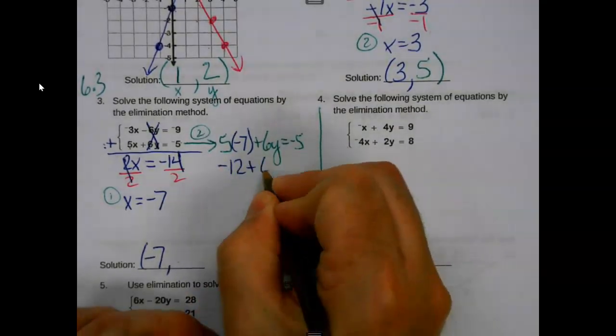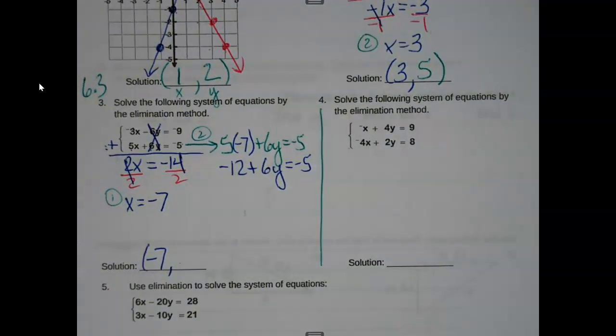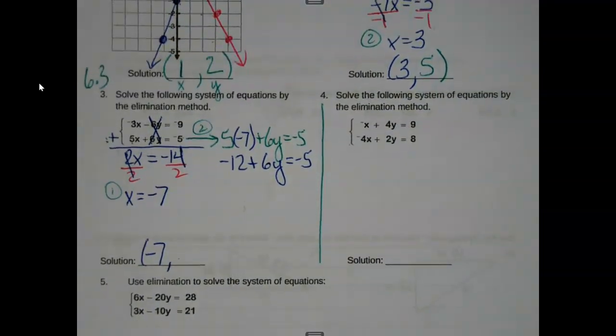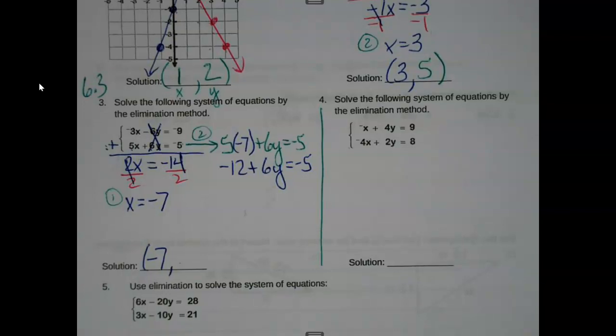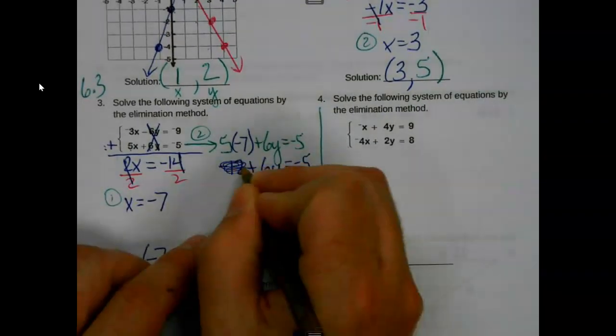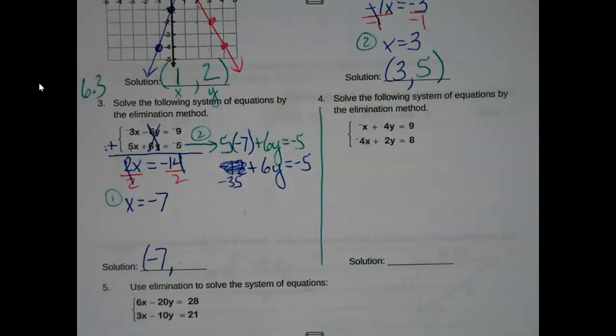And so we're just going to work through here. Ooh. I know, I'm looking at this myself and going, what the? We're going to get a decimal? Is this possible? Oh my gosh. Okay, let's try that again. I got to learn to multiply. 5 times -7 is not -12.